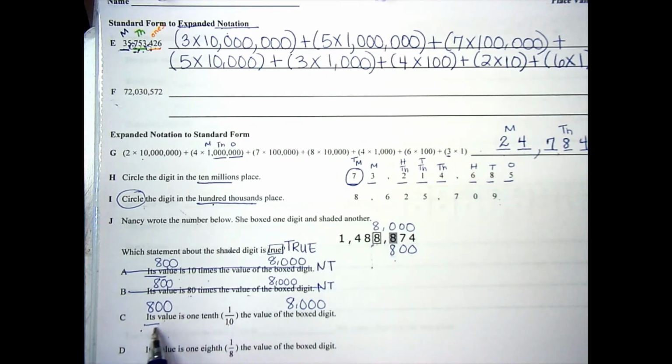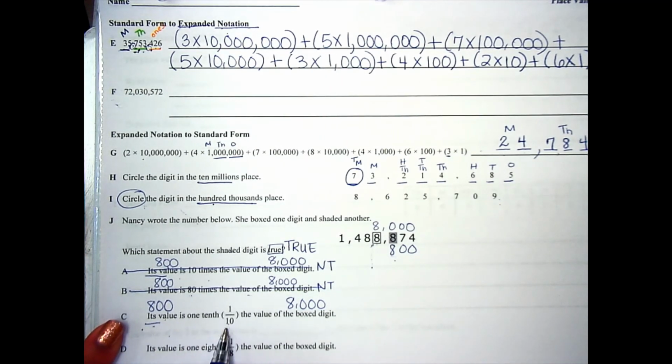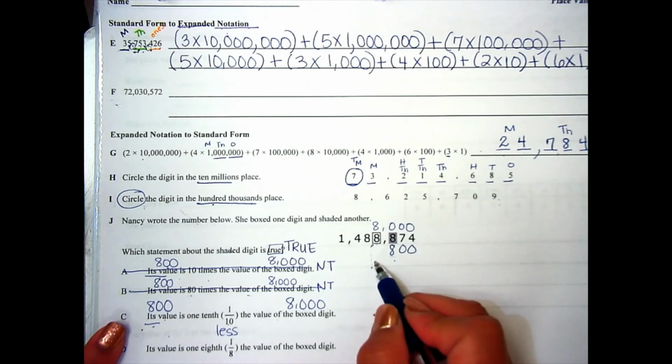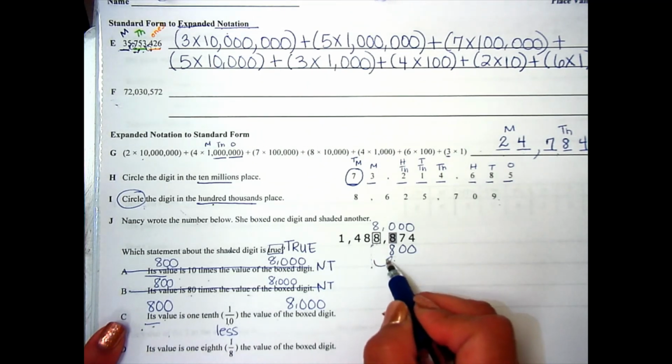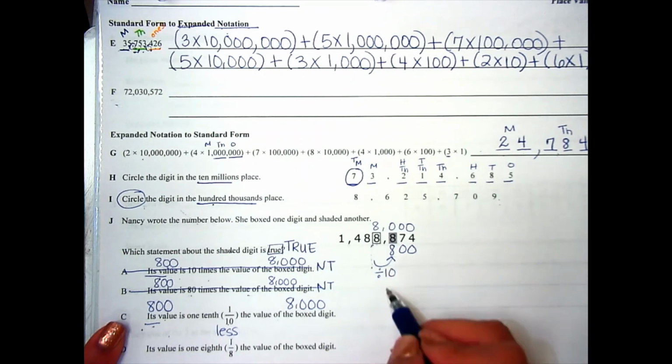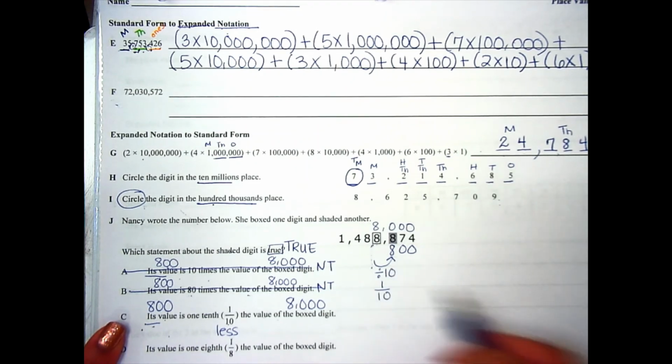So if it says that 800 is 1/10 of the value of 8,000. Well, is it less? It is, right? So if I'm on 8,000 and I move back, look at what I just did. I divide it by 10, or 1/10 of.